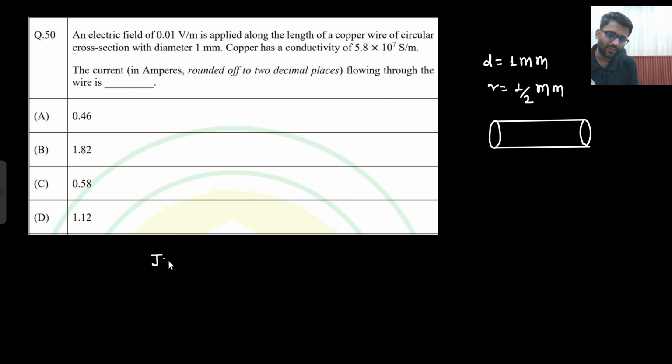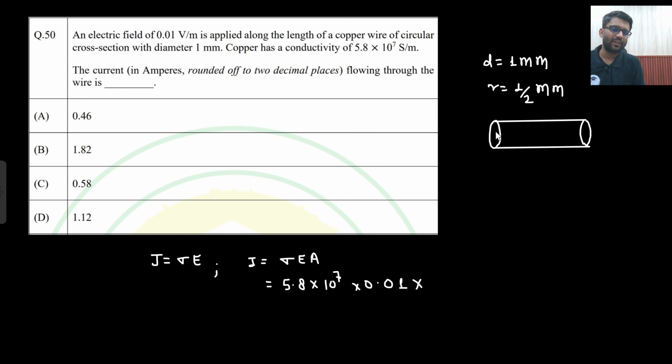Yes. So J is equal to sigma E. I will be equal to sigma E into A. I have the value of conductivity, 5.8 into 10 to the power 7. This is in SI, Siemens per meter, although there is no use of the unit. Electric field 0.01, right? And now the area. What will be this cross section area? That would be pi r square.